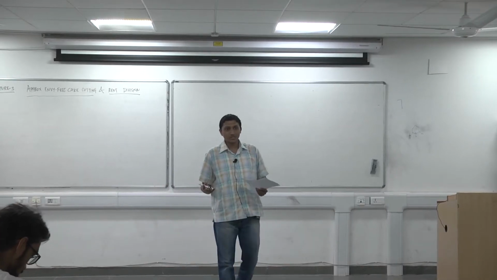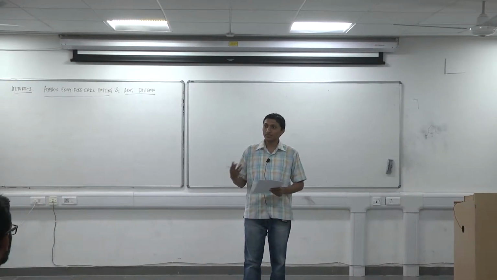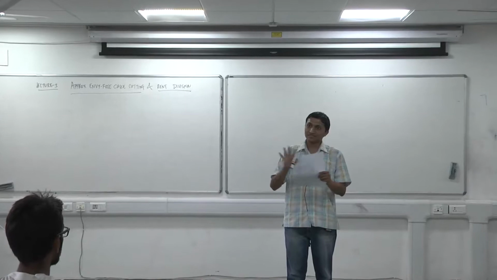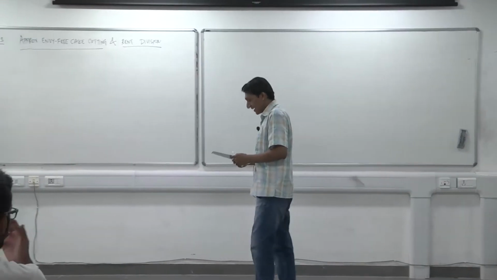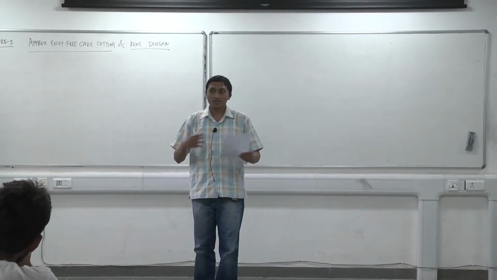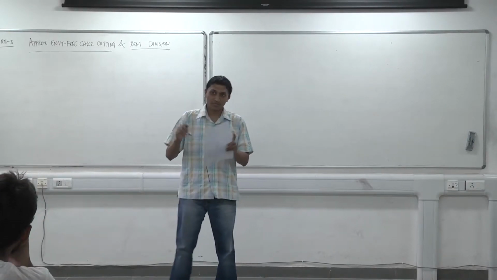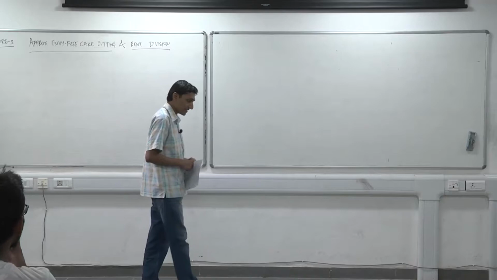Once again, we'll be having two lectures today. The first one is about cake cutting. So let's get back from the indivisible mode to the divisible mode. Let me just quickly jog your memory about some of the stuff that we did yesterday.